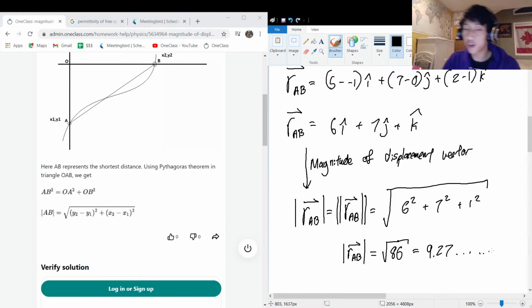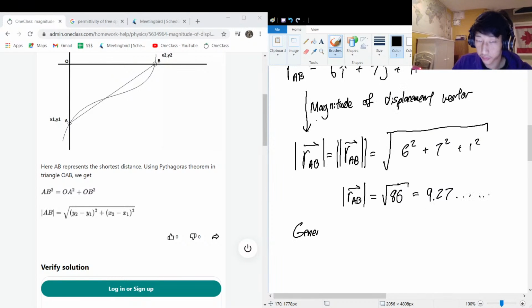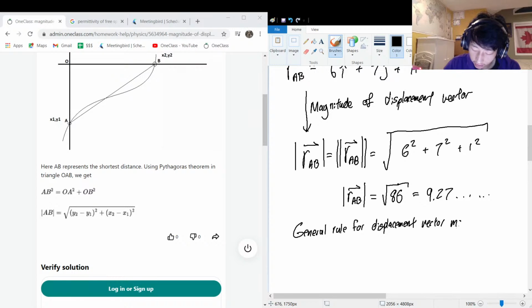But as a general rule for displacement vector magnitudes.